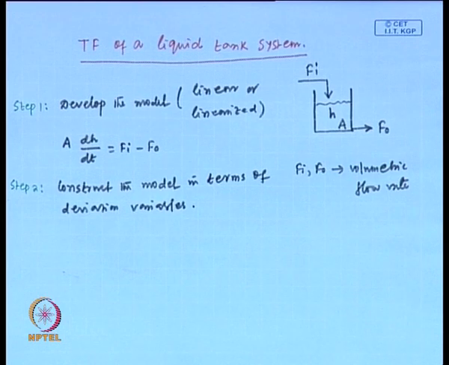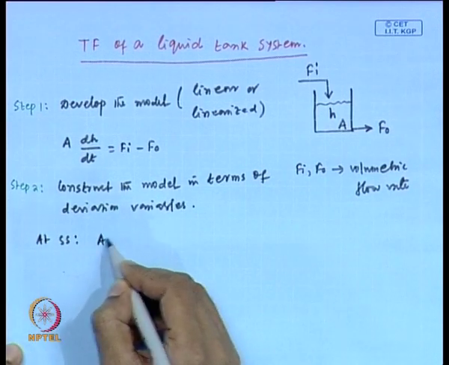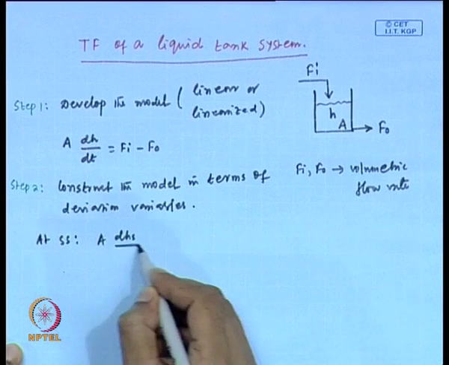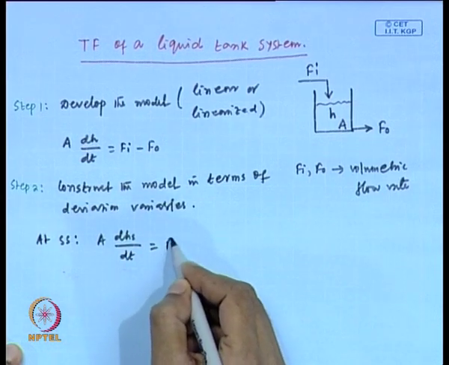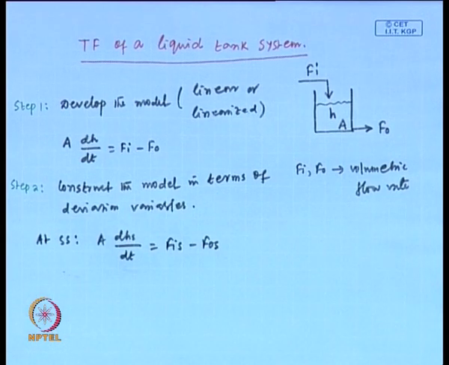So, to construct the model in terms of deviation variables, we have to consider the model at steady state. So, what will be the modeling equation at steady state condition? At steady state, the modeling equation becomes 0 equals f_Is minus f_0s. We have just added suffix s to represent the steady state, fine.